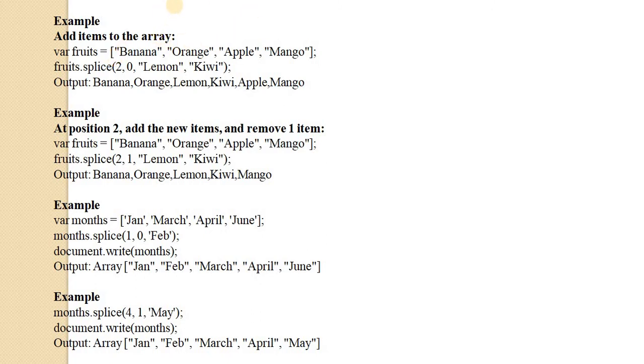Example second. In the second example, at position 2 we add new items, like in the first example, but here we also remove one item. In the previous example, we removed 0 items, which means the delete count was set to 0, so no elements were removed from the array.